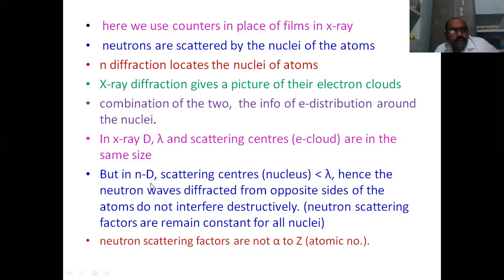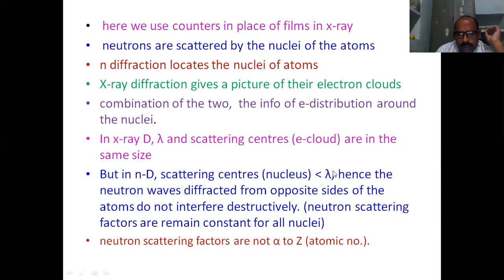But in neutron diffraction, the scattering centers are nuclei, and the nucleus is much smaller compared to the atom. Also, the neutron beam consists of particles having some mass, so the wavelength associated with the neutron beam is higher.